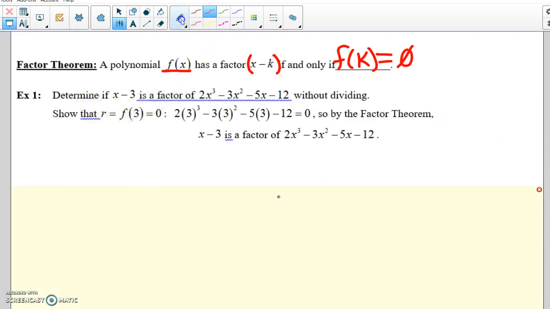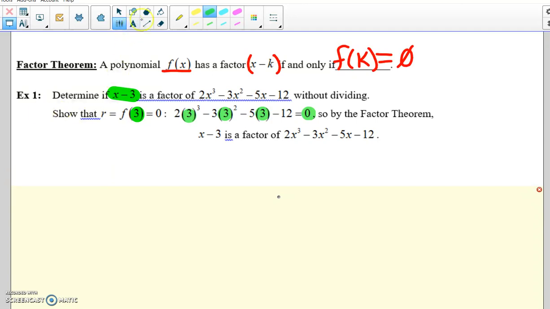So follow along here. These are already done for you, but basically, they want to know if x minus 3 is a factor of this big polynomial. So of course they set this equal to 0, so x would equal 3. And they want to prove to you that f at 3 equals 0. That means if they plug in a 3 everywhere, the result will be 0. You can test that out on your own in the calculator, and in fact it does equal 0.